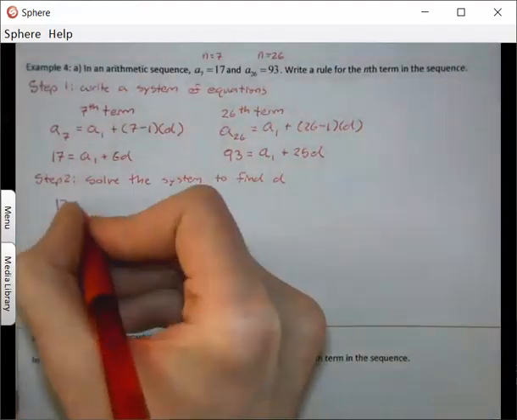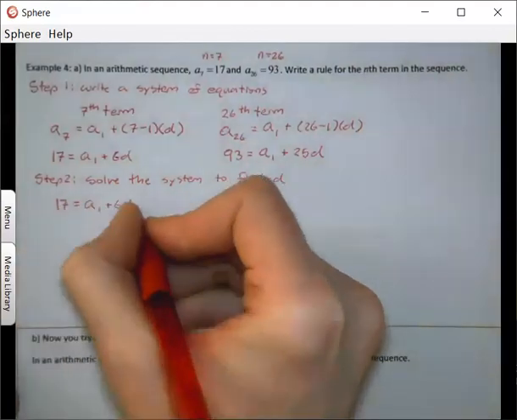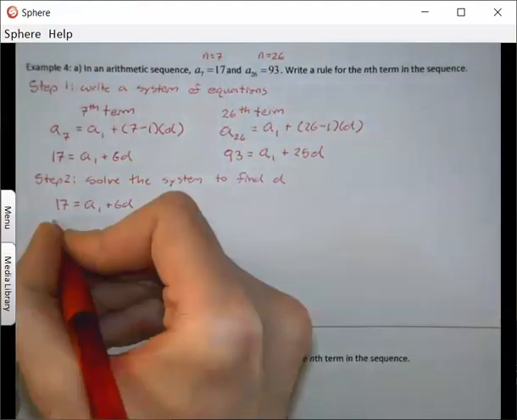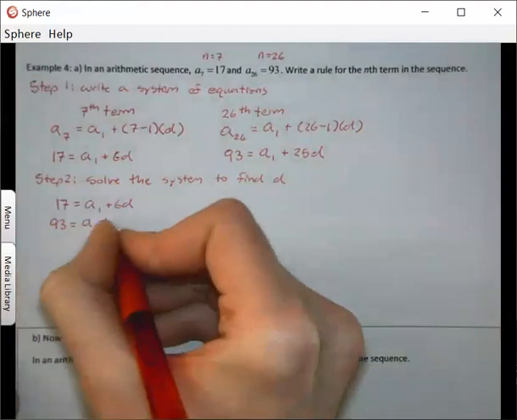So we need our two equations. So 17 equals a sub 1 plus 6d, and 93 is equal to a sub 1 plus 25d.